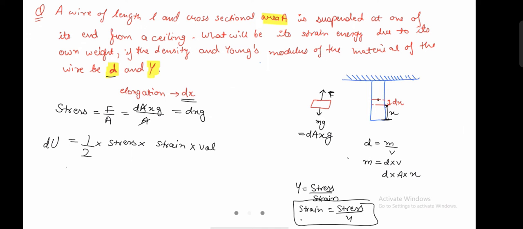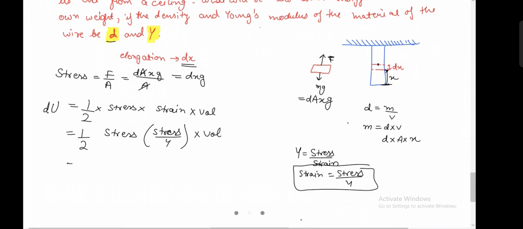So I can write it as half. Stress will remain stress only, but the strain will be converted into stress by Young's modulus, and then the volume. Let's place these values now. So half is going to stay half only. What about the stress? Stress is dxg, or you can simply write it as stress squared, right?